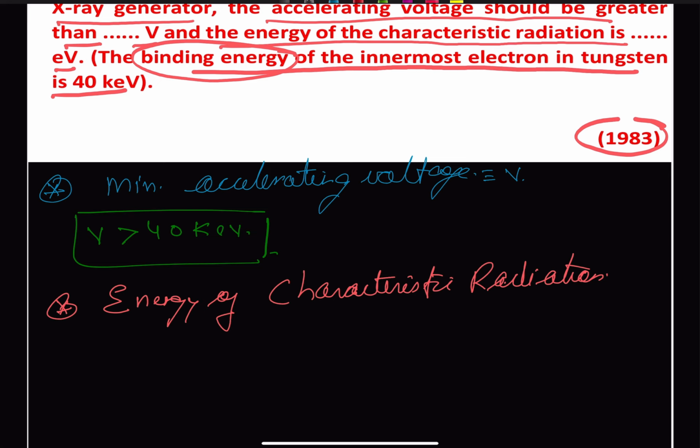And so for tungsten, the binding energy of the innermost electron is given as 40 kilo electron volt.